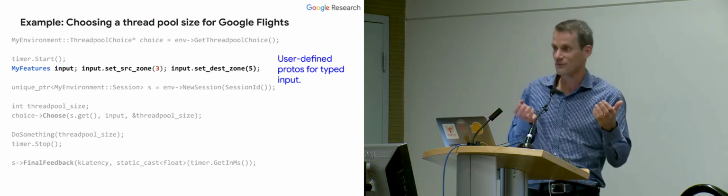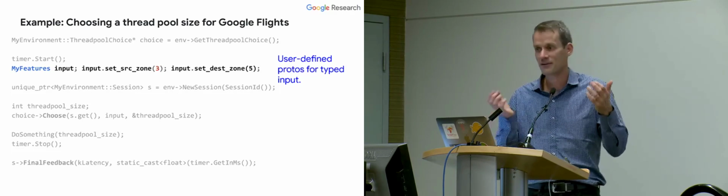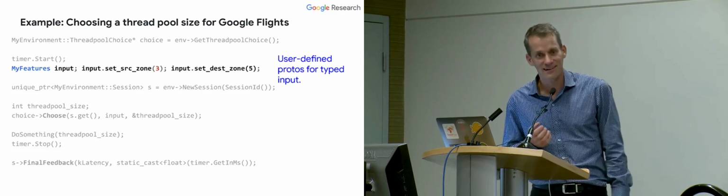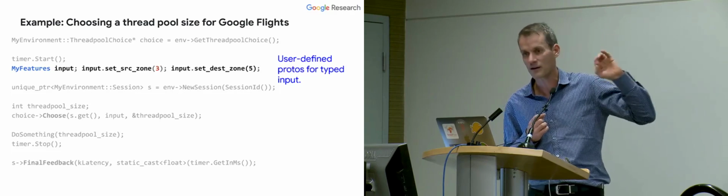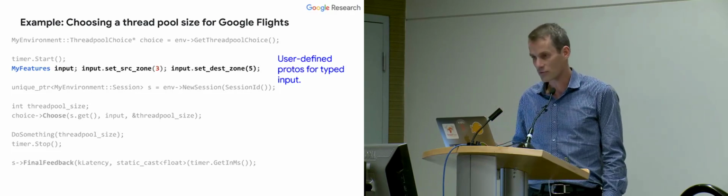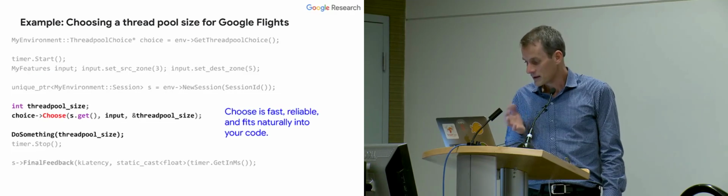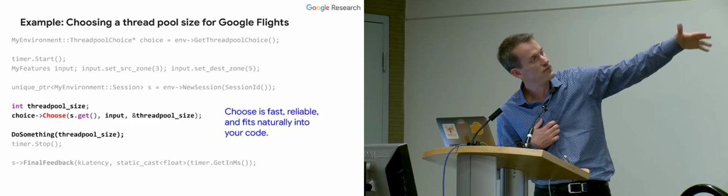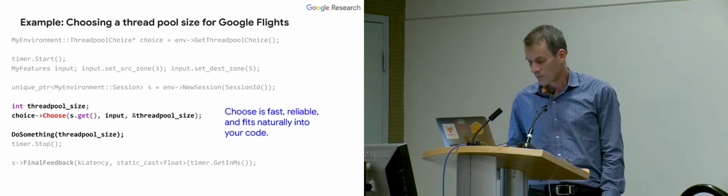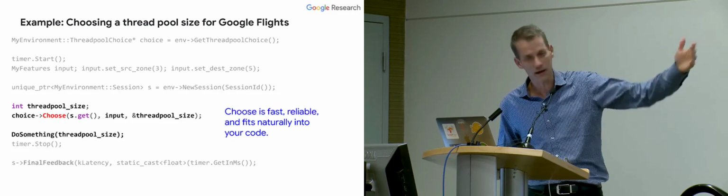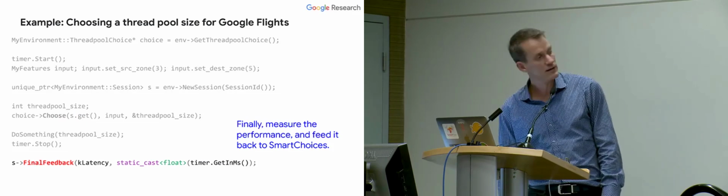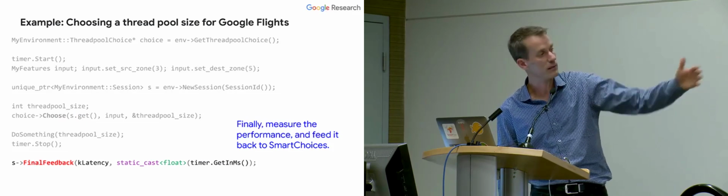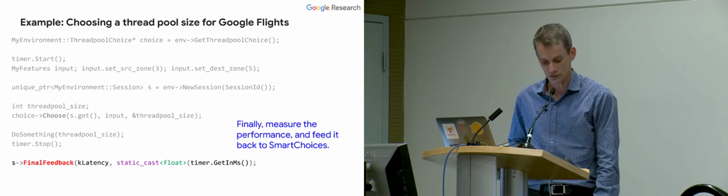You'd say if source zone equals 3 and destination zone equals 5, then thread pool size equals 8. That wouldn't make sense, but a learned policy can actually take advantage of this and learn this relatively straightforwardly in an online manner. And then you can say, please choose my thread pool size given these input features. And then do something with that chosen thread pool size, and then give some feedback. In this case, feedback about the latency of the actual search.